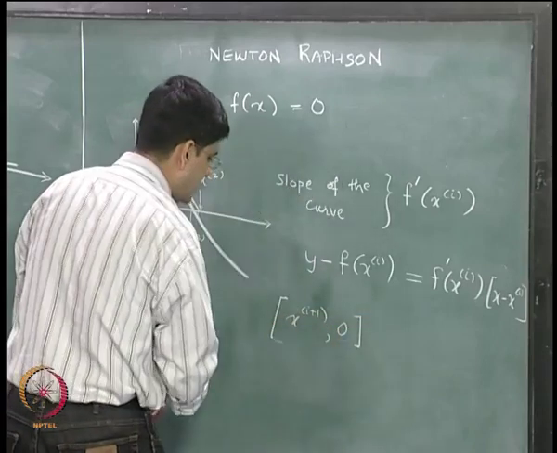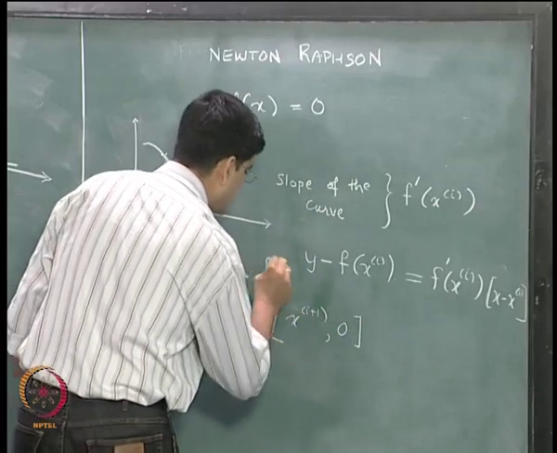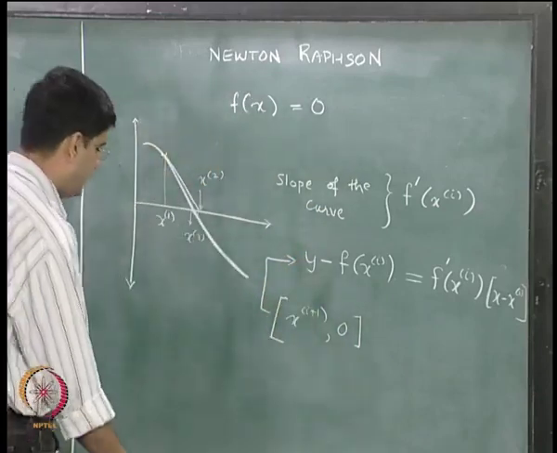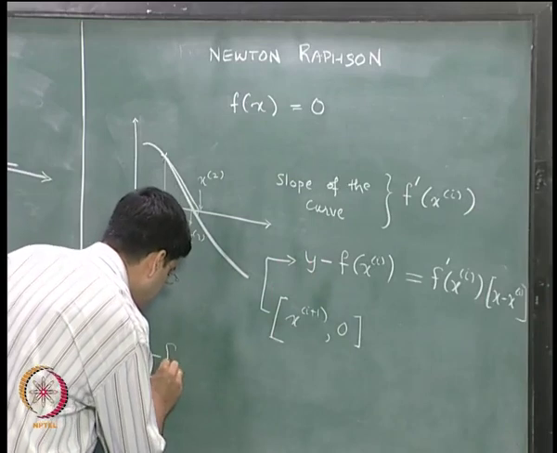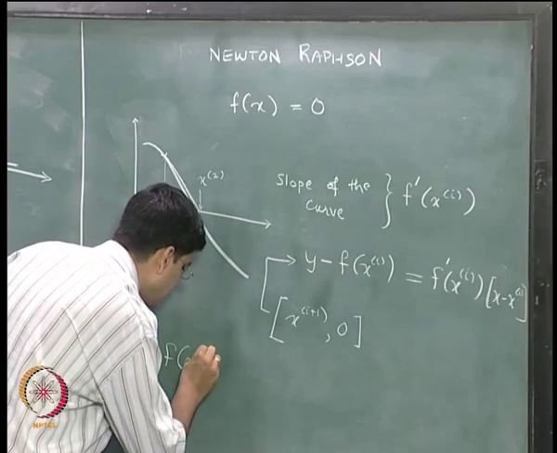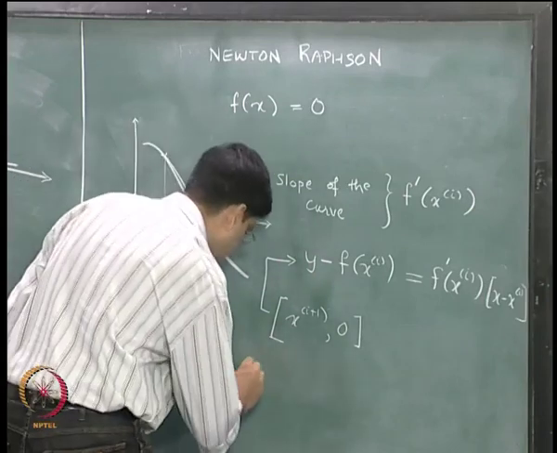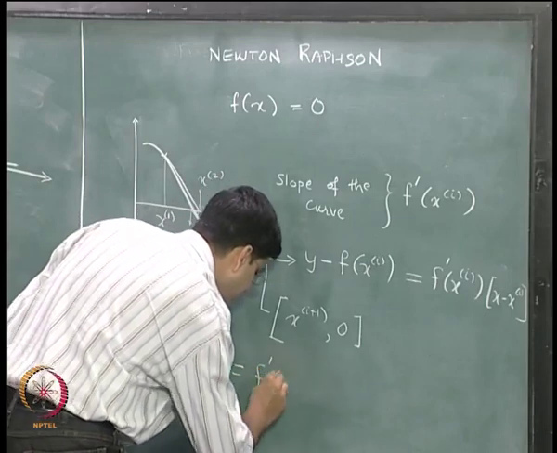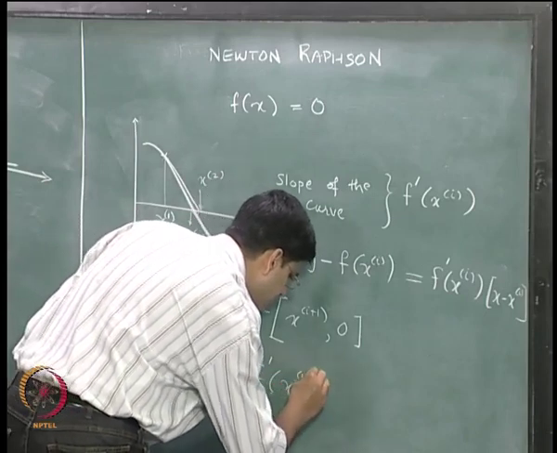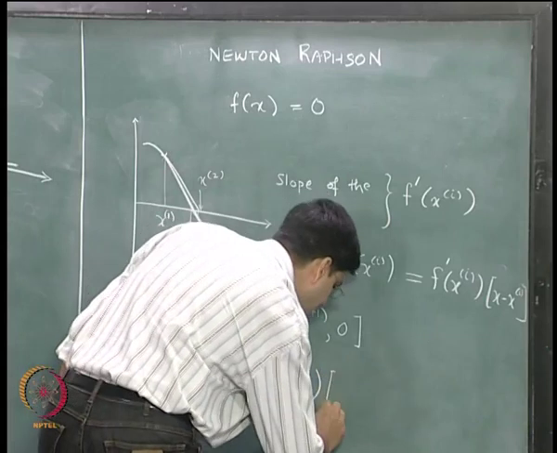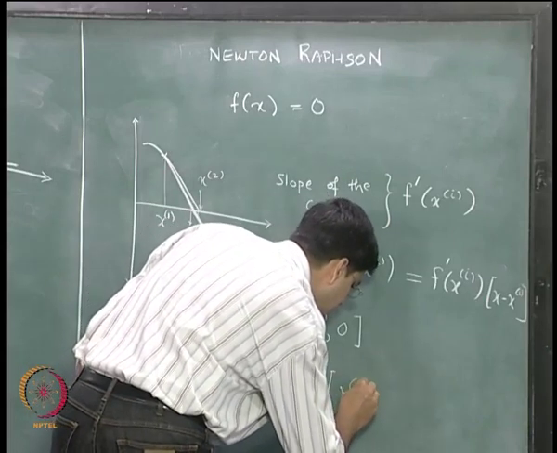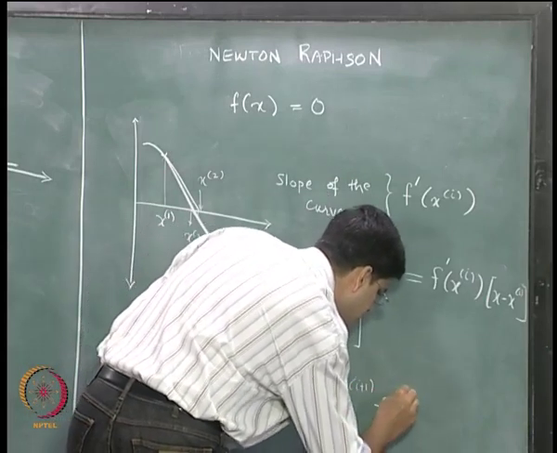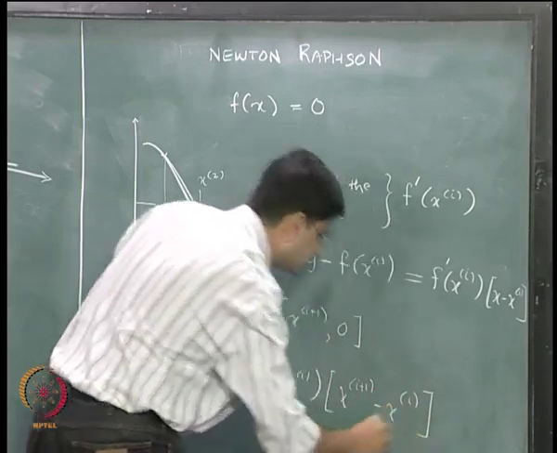So we substitute that in this equation, and we get minus f of xi equal to f dash of xi multiplied by x i plus 1 minus xi.